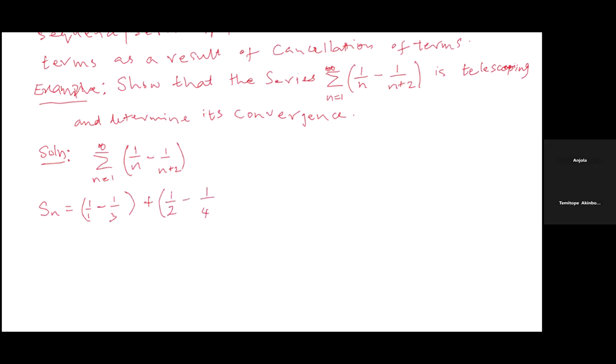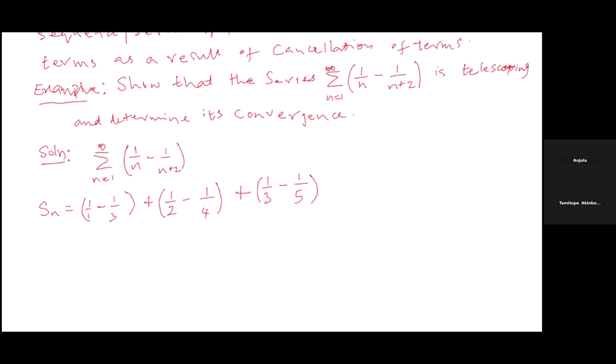Do you agree with that? Yes, sir. Plus, when n is 3, that is 1 over 3 minus 1 over 5. Am I communicating? Yes, sir.